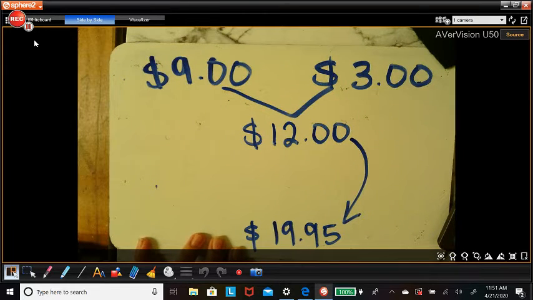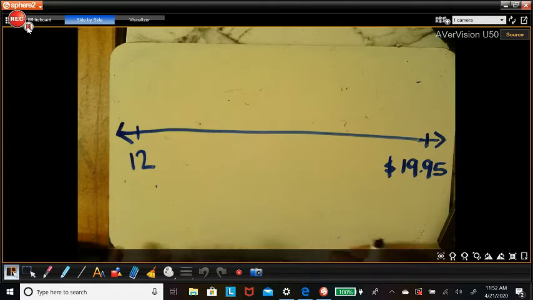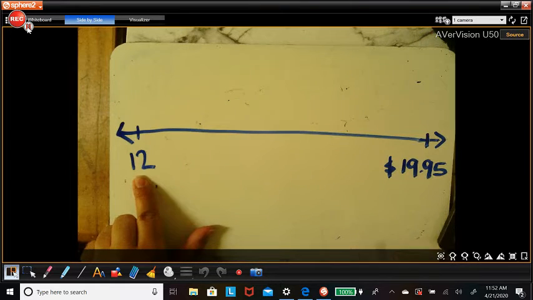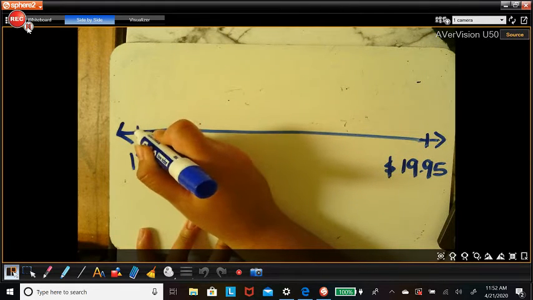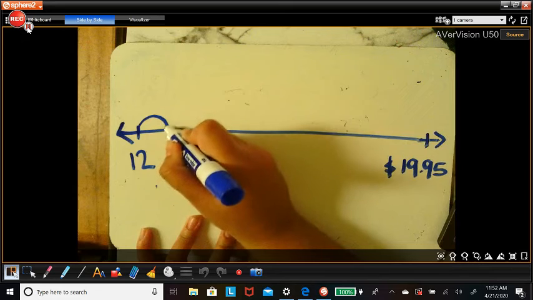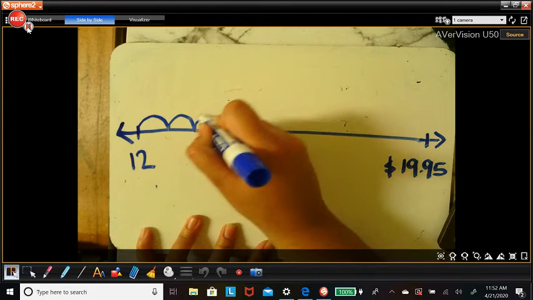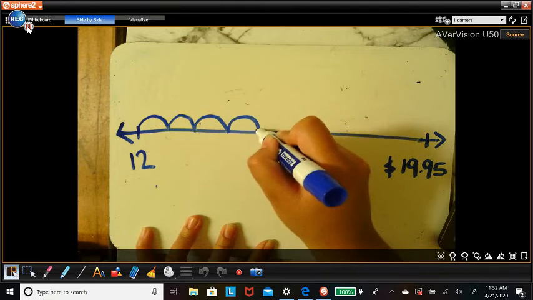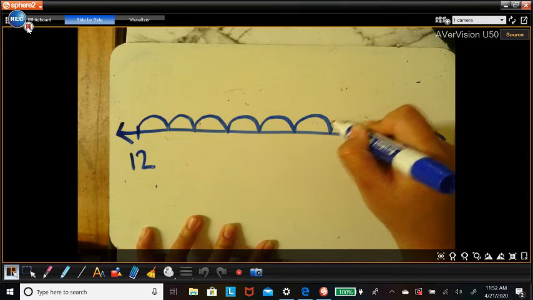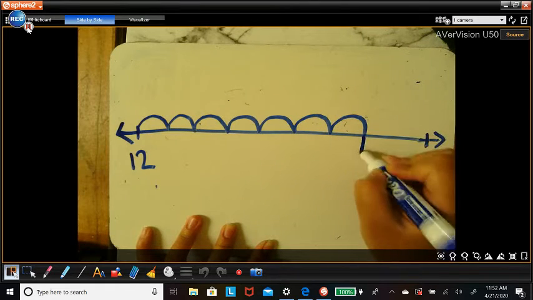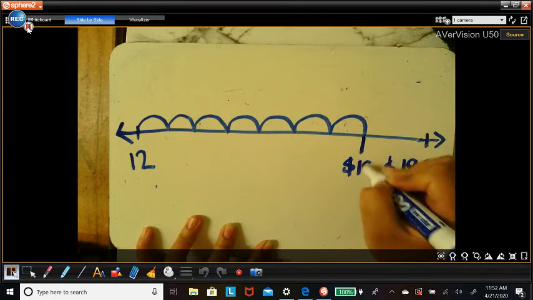I'm going to use the count on strategy to show you that. So he has $12 and we need to find out how much more. So this is how I'm going to do it. 12, now he has 13, 14, 15, 16, 17, 18, and 19. So he's now at $19.